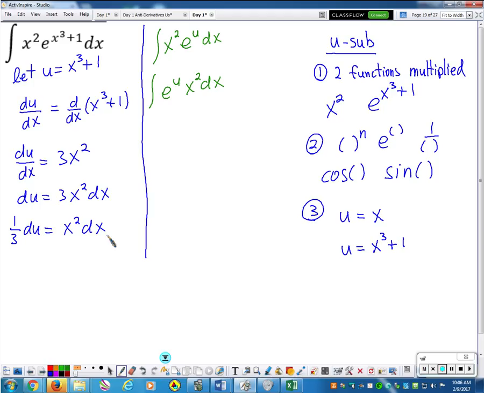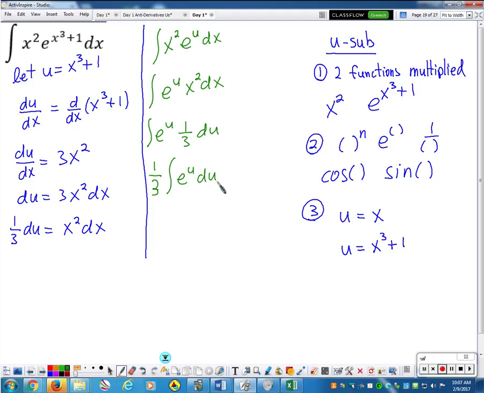Then on the green side, the antiderivative, we have e to the u, and then substitute the 1/3 du for x squared dx. Great. Take the constant out, the 1/3, so it's 1/3 the antiderivative of e to the u du. Perfect.